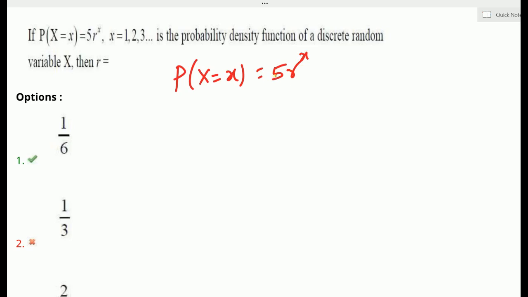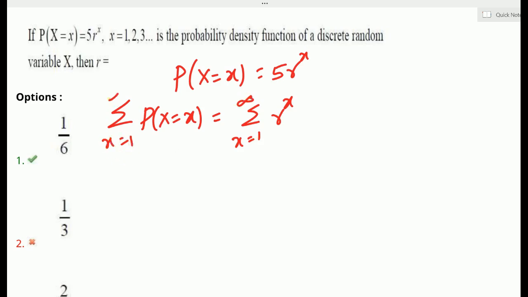Now he is asking the R value. To find the R value, apply the sigma on both sides. Sigma P of X equals x on the left side, sigma R power x on the right side. Now x varies from 1 to infinity. Left side also we can add x varies from 1 to infinity. You know the left side result, the sum of all probabilities is exactly 1.